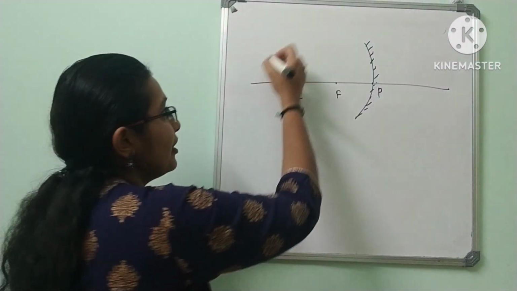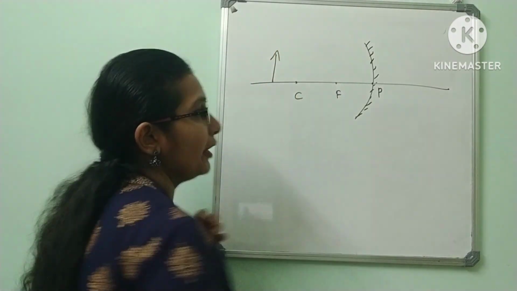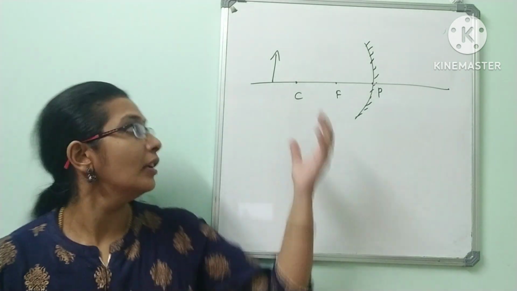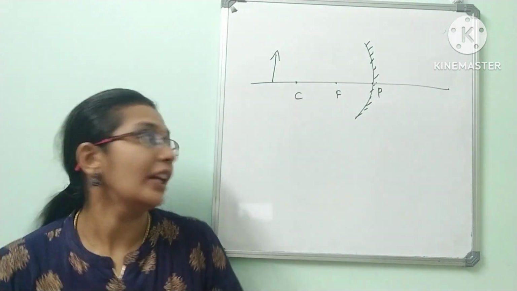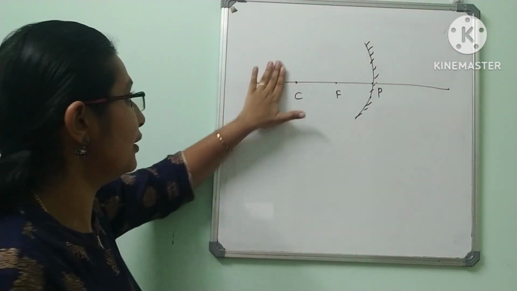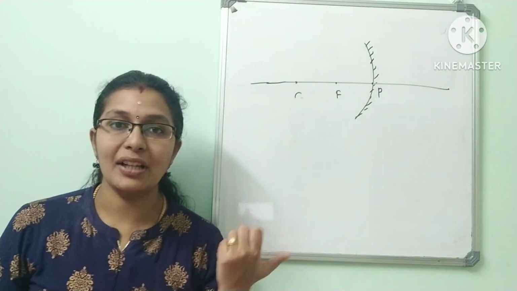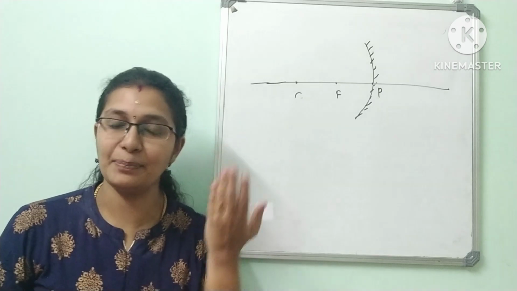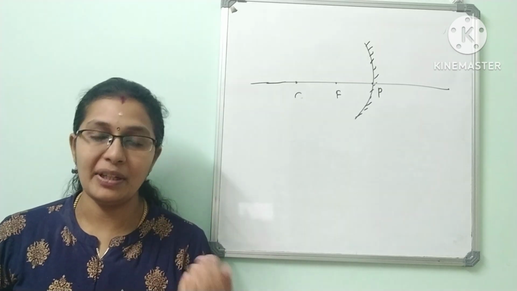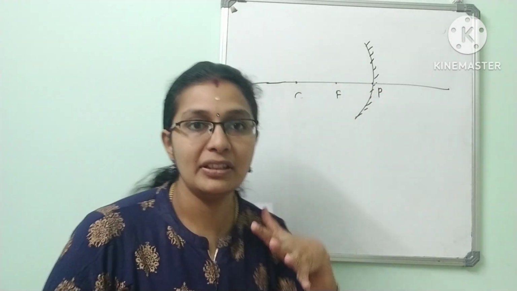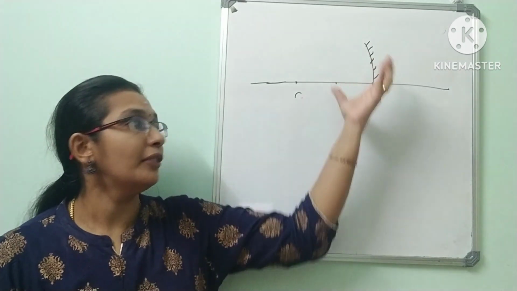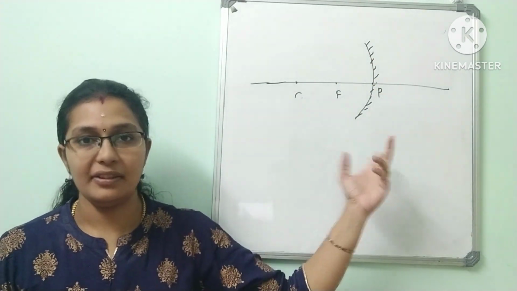You will place the object somewhere here. The object we will consider later. This is the very first thing you will do when you consider a concave mirror, as we have seen in previous sessions: draw it and mark the points.